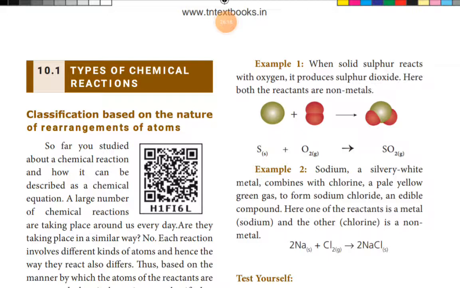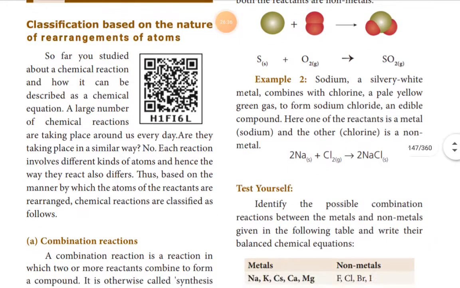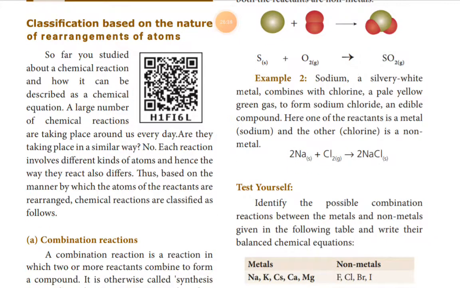No. All the reactions do not take place in the same manner, because some reactions require extra energy, and each reaction involves different kinds of atoms, so the way they react also differs. Thus, chemical reactions are classified based on the manner by which the atoms of the reactants are rearranged. Depending upon the rearrangement of the atoms, different products are formed, and based on that we classify the types of reaction.